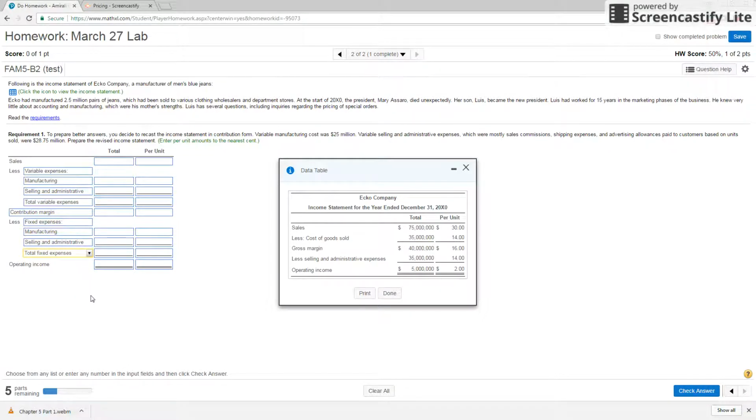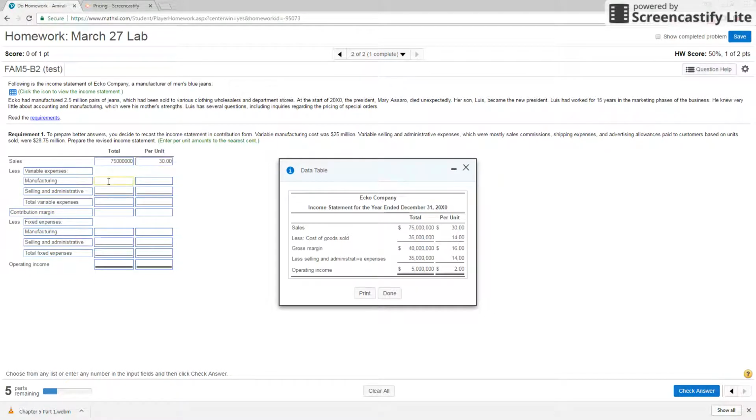That's good so far. Now we have to calculate the total numbers that we have here, the total sales and the per unit cost. For the total sales, we have 75 million here, and we have the per unit cost, so $30.